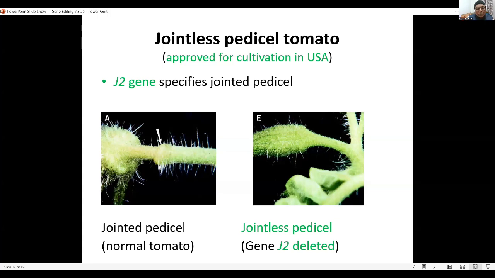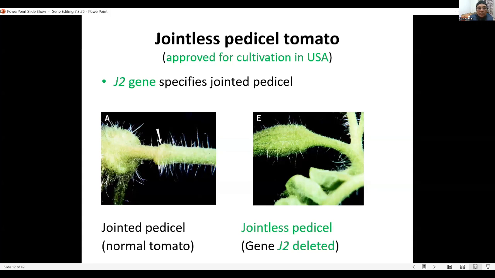So what you want is to produce a tomato flower that does not have that jointless pedicel. Okay. So you know the phenotype that you want to produce, and now you need to know what is the gene that is responsible for this. Genetic studies have shown that it is the J2 gene that produces jointless pedicel in tomato.